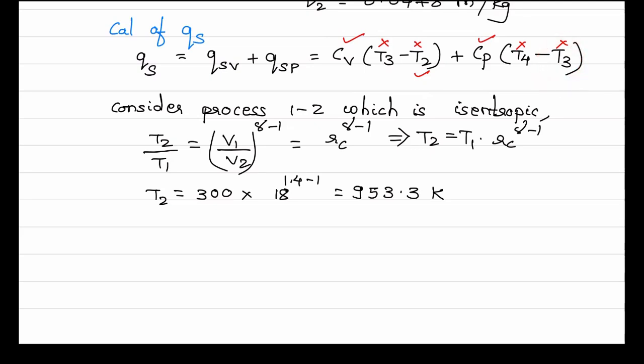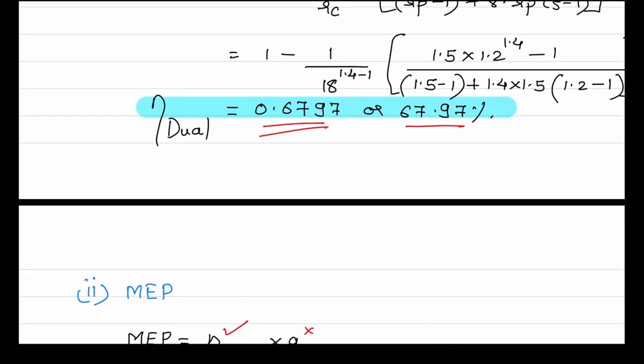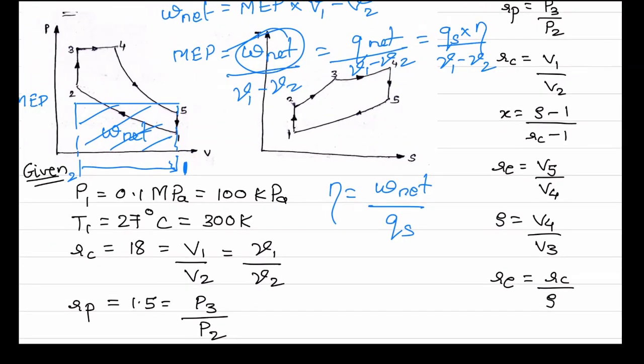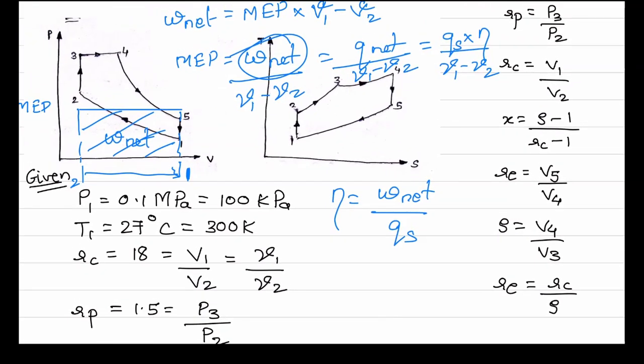In order to calculate T3, again we will go to the PV and TH diagram and understand. If you see the PV diagram, point 3 is either in the constant volume process or the constant pressure process. But since we know T2, which process will we consider? Constant volume process.